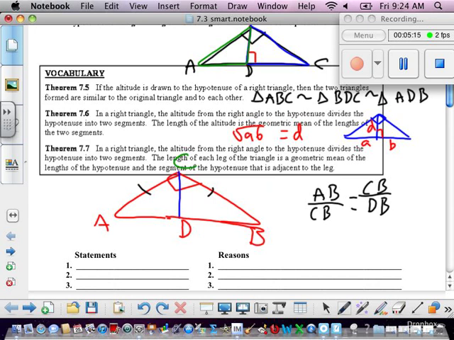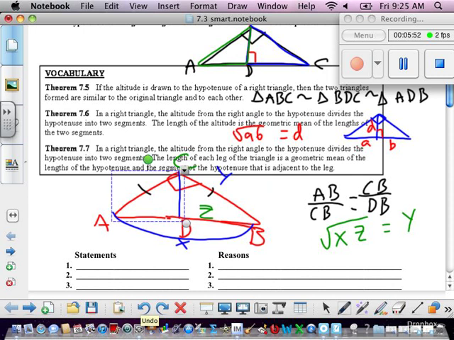Let's label A to B as X. We'll label C to B as Y. And D to B as Z. So what this is saying, AB is X, D to B is Z. Z is the length of D to B. That equals C to B, which is Y. Okay? So the length of the hypotenuse times half the hypotenuse equals, if we multiply them together and take the square root, it equals the leg.